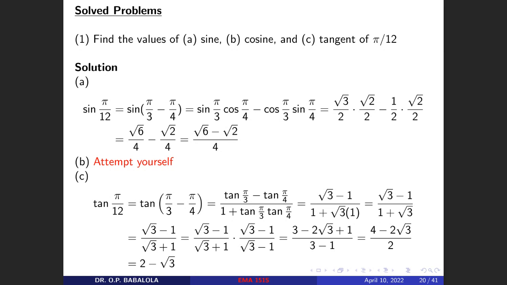Just write it here. So the subtraction formula says sine alpha minus beta. You can try using addition and see if you get the same answer.